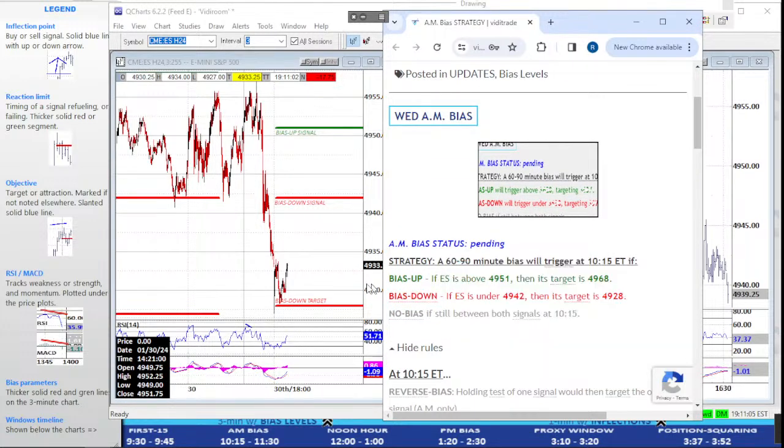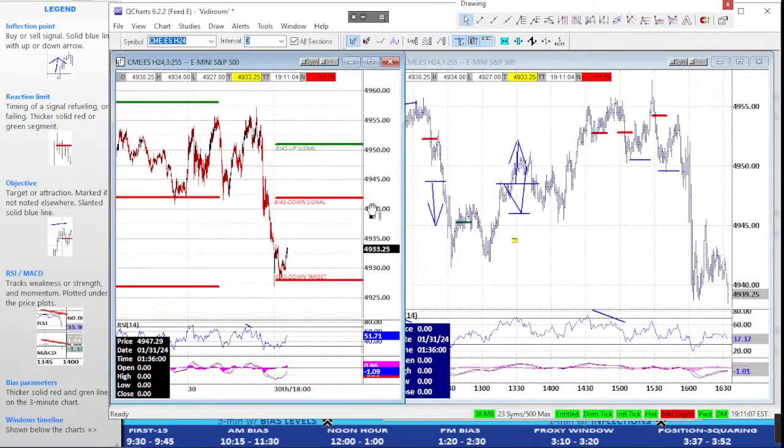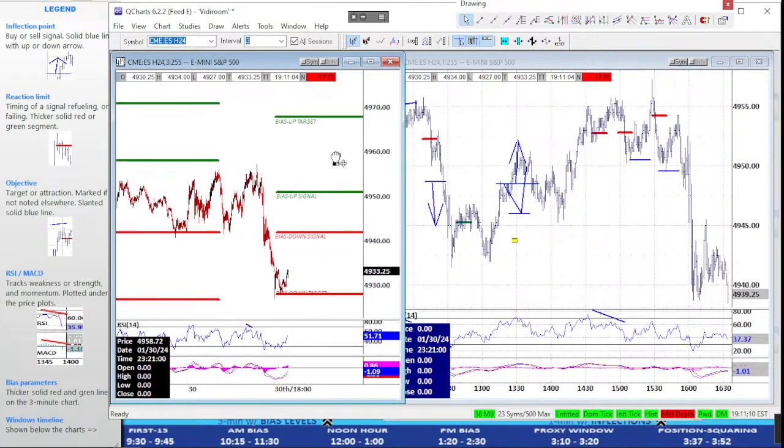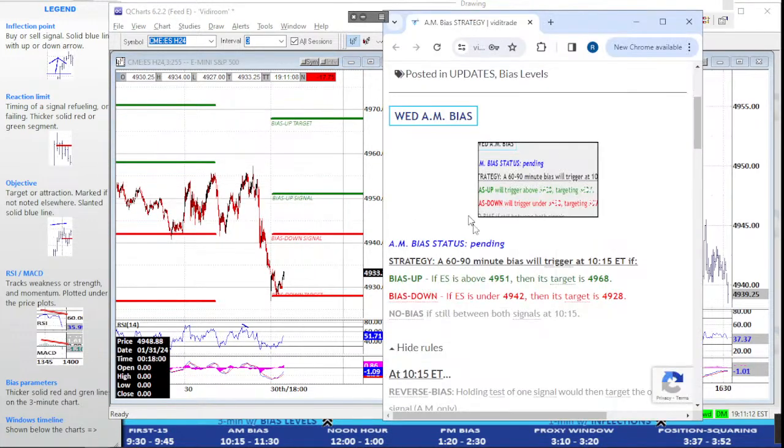And this is them. So the two green bias parameters: 49.51, the bias up signal, the target 49.68.